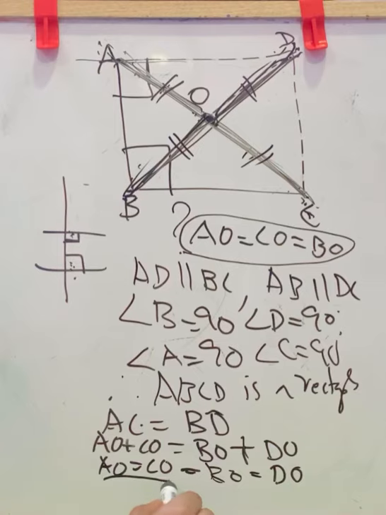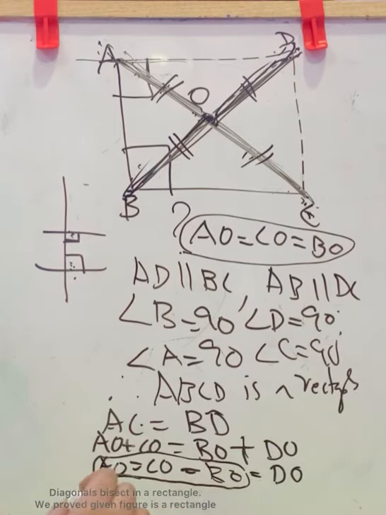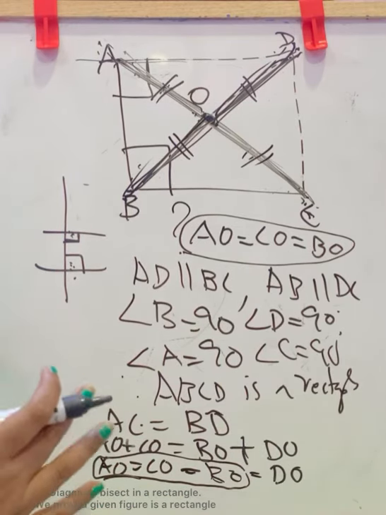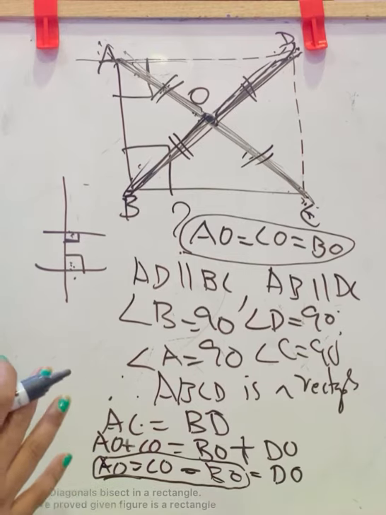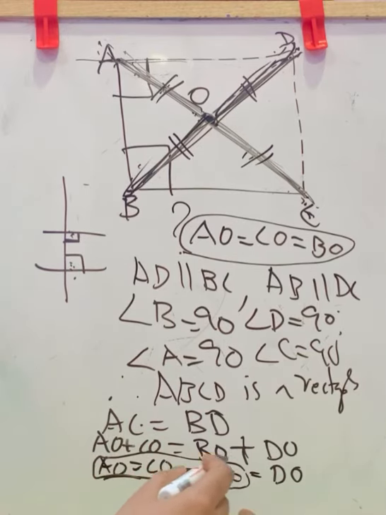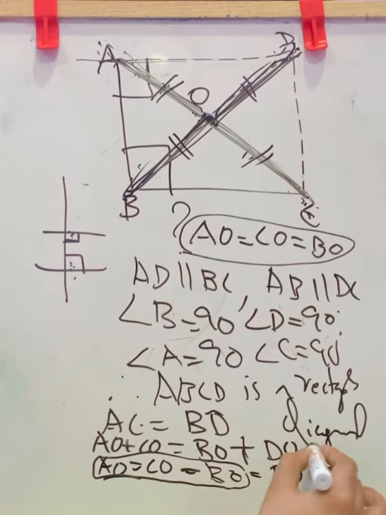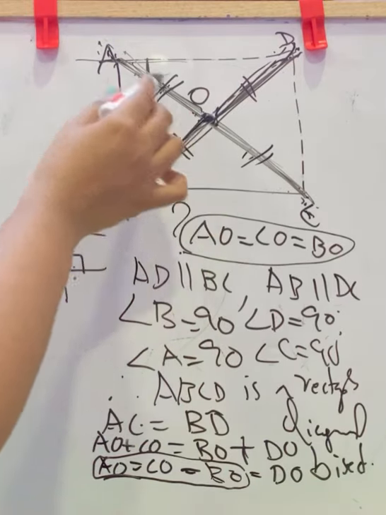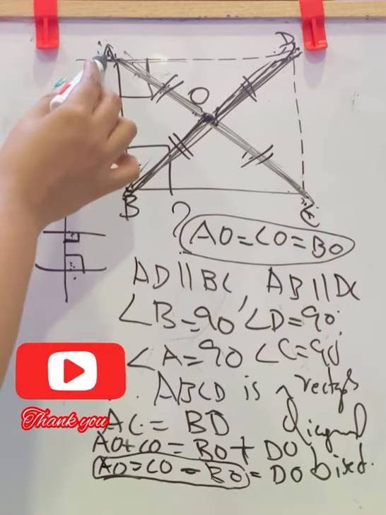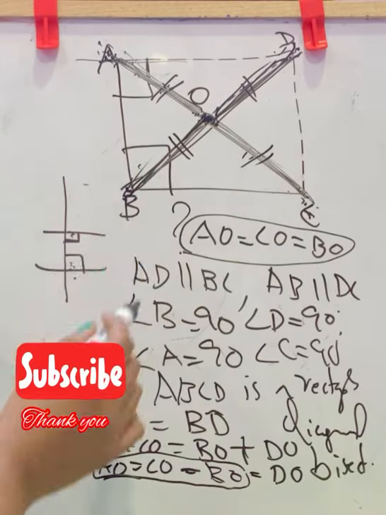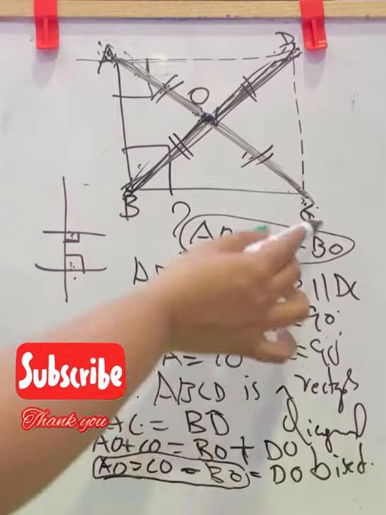We got AO equals CO equals BO. This is enough for the question. The reason is the diagonals of a rectangle bisect each other. So we can conclude from the question that O is equidistant from A, B and C. Equidistant means these lengths are equal, that is AO equals CO equals BO.